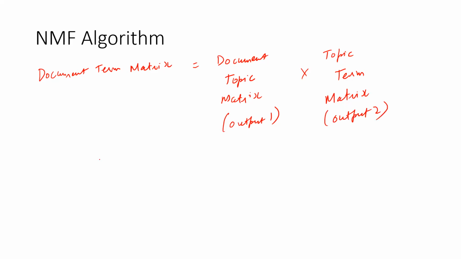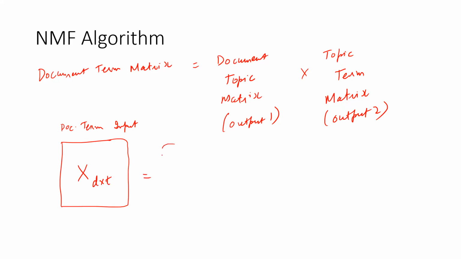And we can visualize it as, let's say this is my initial document term input, having the dimension of D into T. This is my W, D into 4, letting the number of topics be 4. I will write here number of topics, we are assuming to be 4.